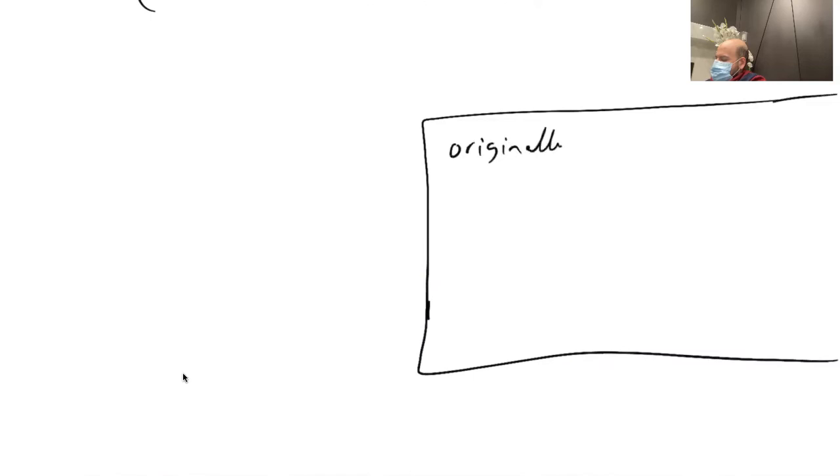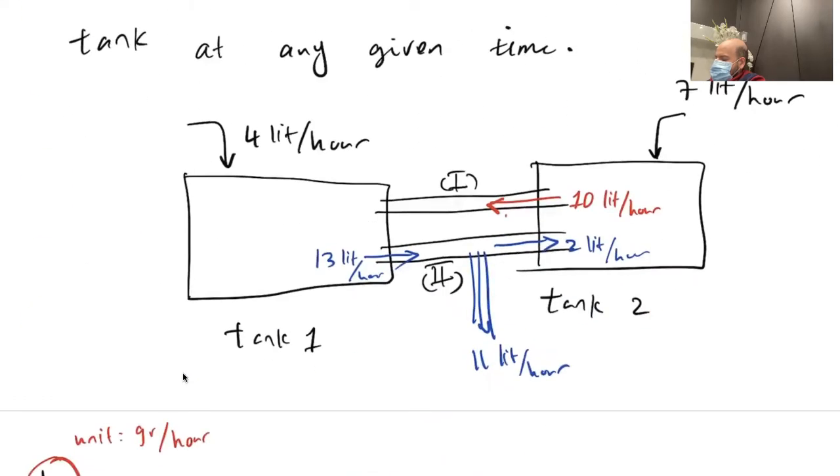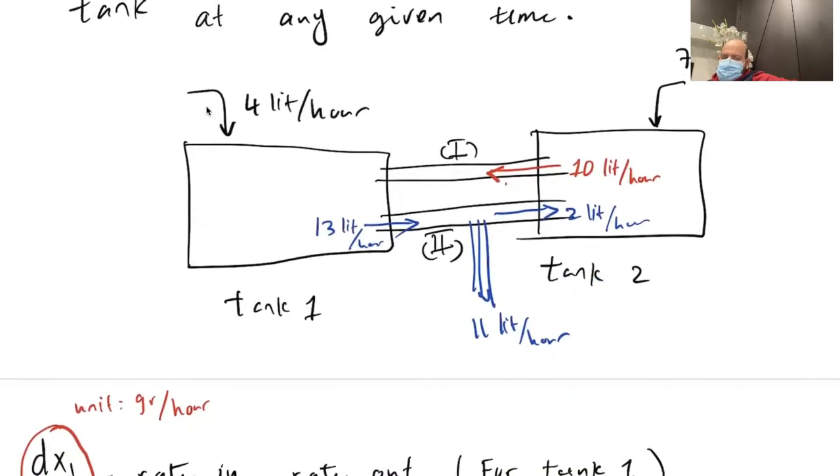Let's write it here. Originally, tank 1 contains 800 liters, and now let's see what happens after each hour. 4 liters comes in here, 10 liters comes in here, so that's 14 liters coming in. 13 liters goes out.